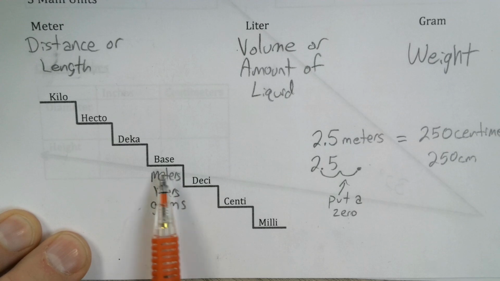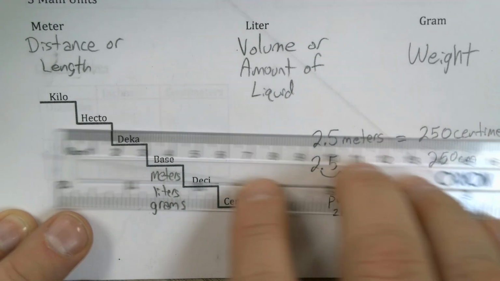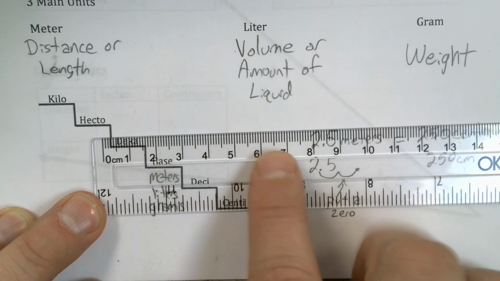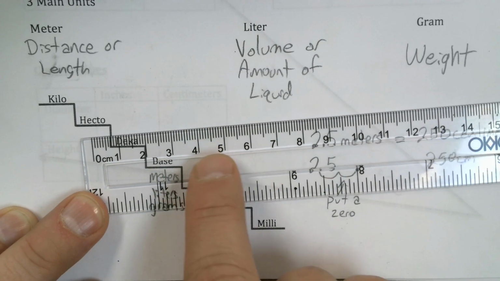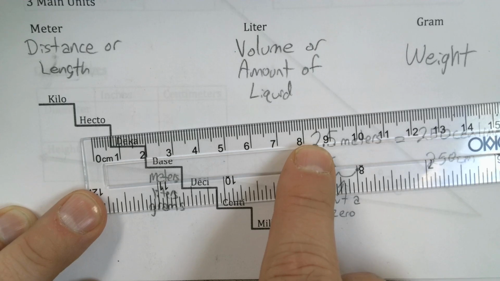But if I'm measuring something somewhat big, meters make sense. But if I want to measure something small, I might use something like centimeters. And your ruler has centimeters. So these sides on the ruler, that's your centimeter size. And so it takes 100 of these small units to make a meter.